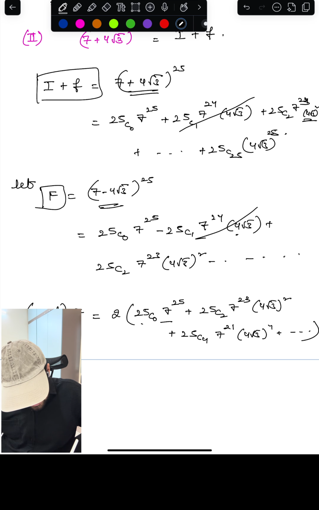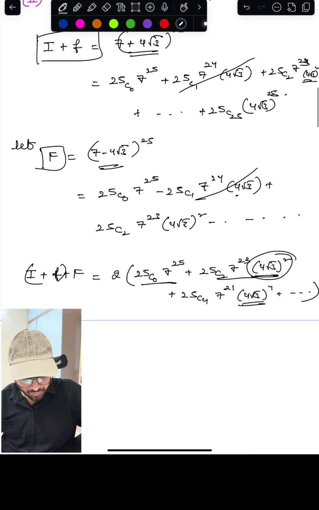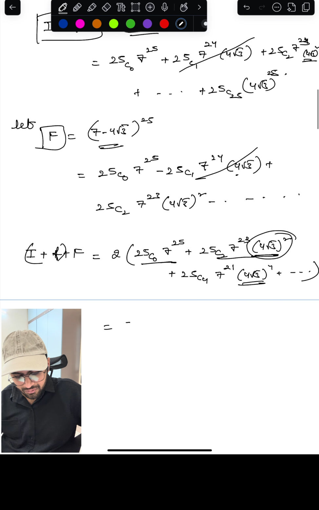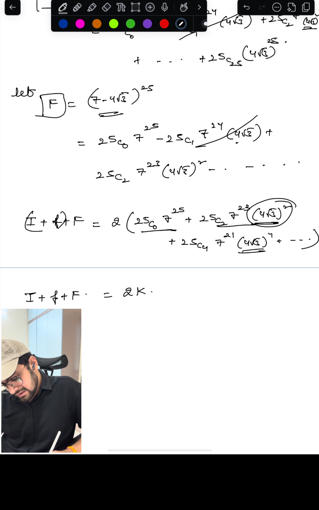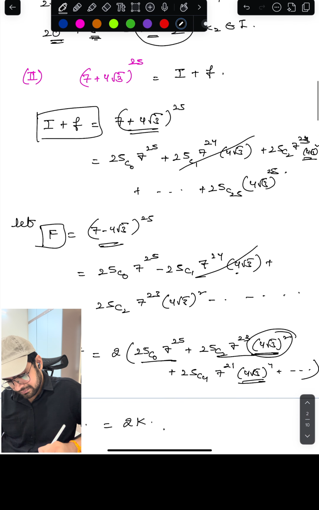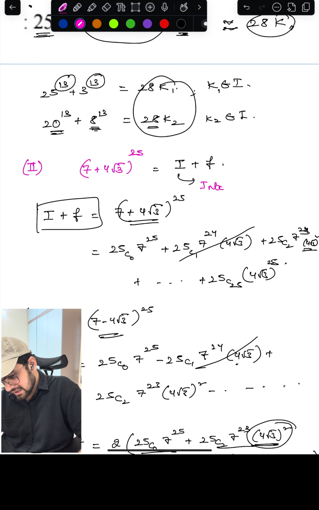If you see the inside terms, this is an integer, this is an integer, this is also an integer, because 4 root 3 has power 2 and here 4 root 3 has power 4, so that will become an integer. Can I say it is of the form 2k, right? Now I plus f plus capital F is 2k. Now we have considered this one as an integral part and this one as a fractional part, right?